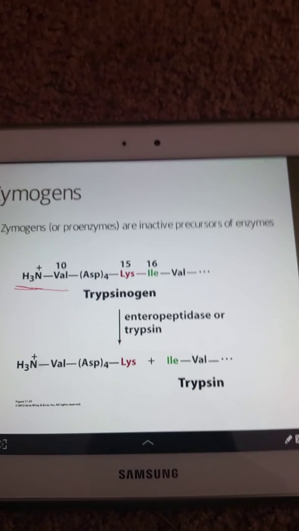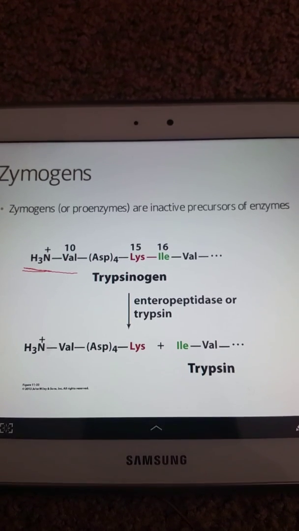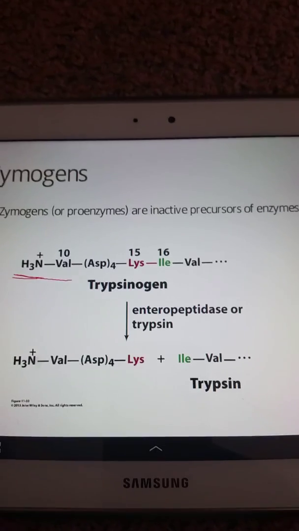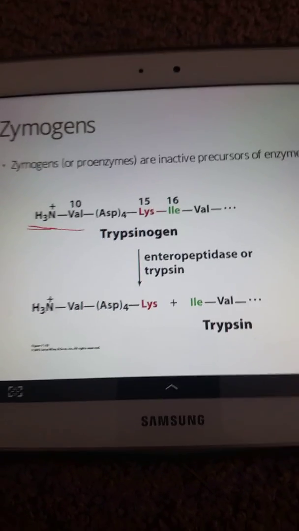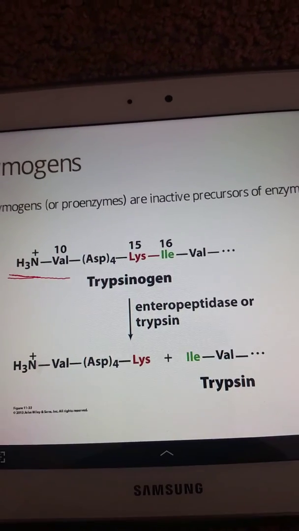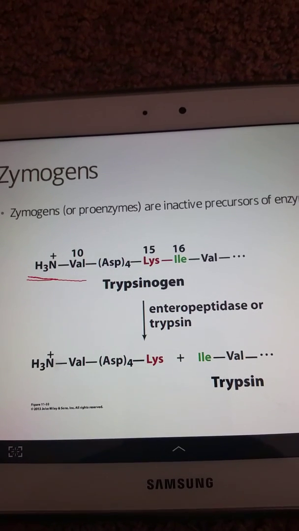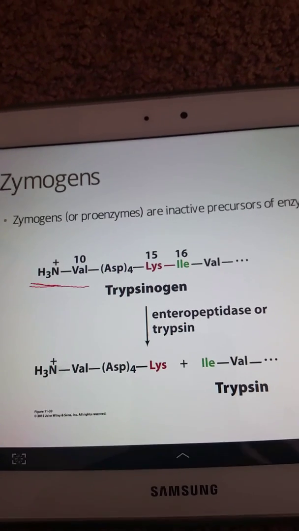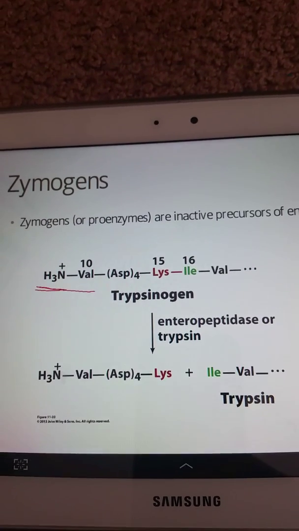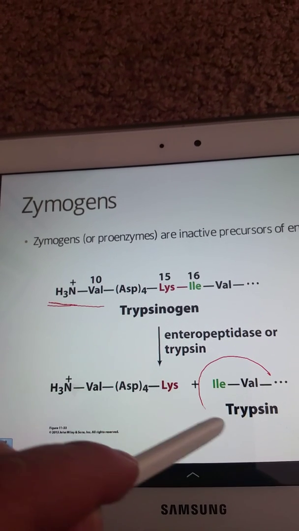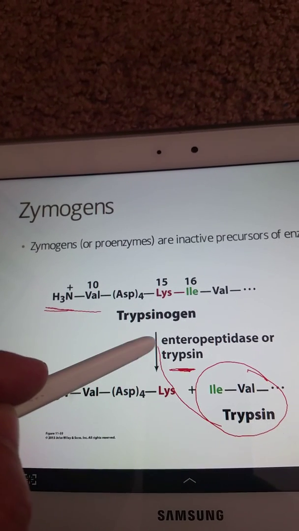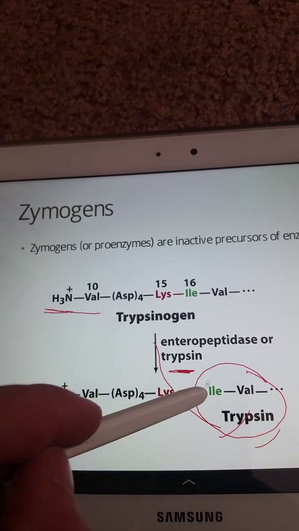So often enzymes are produced as zymogens or proenzymes in the inactive form, and then transported to the site where they need to be activated. And then once they're transported to that site, in this instance the small intestine, there's another enzyme present called enteropeptidase or trypsin that cleaves trypsinogen and makes the active form, trypsin. So trypsin itself can cleave trypsinogen to make it activated.